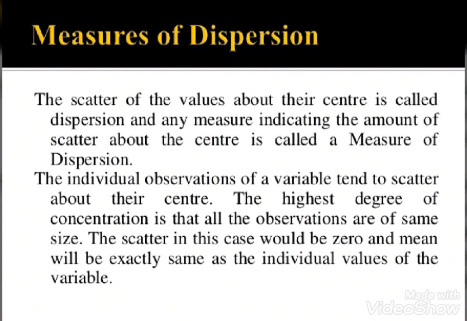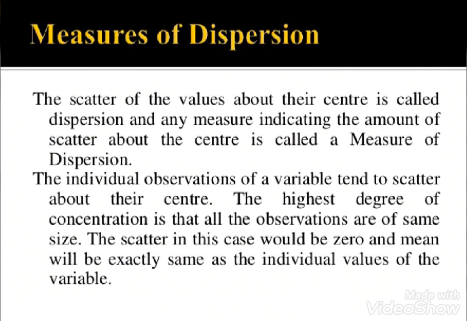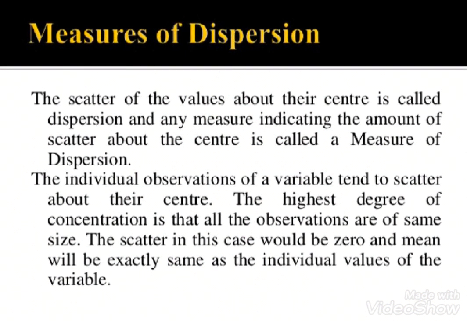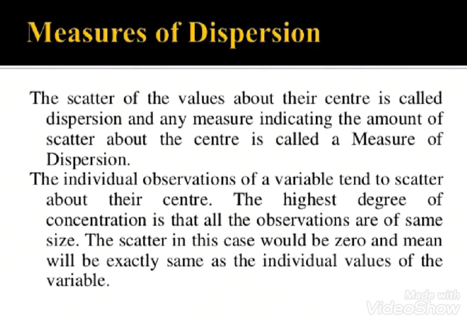The individual observations of a variable tend to scatter about their center. The highest degree of concentration is that all the observations are of the same size. The scatter in this case would be 0 and the mean will be exactly the same as the individual values of the variable. So your measure of dispersion means about the center point from where everything starts and gets collected at the same point.